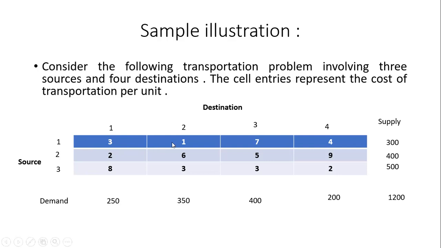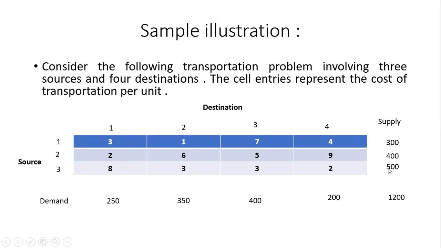Likewise, in each row, we can read the number, say 1 unit of items to be transshipped from source 1 to destination 2. And for this unit cost of transportation, the total demand and supply points are fixed.